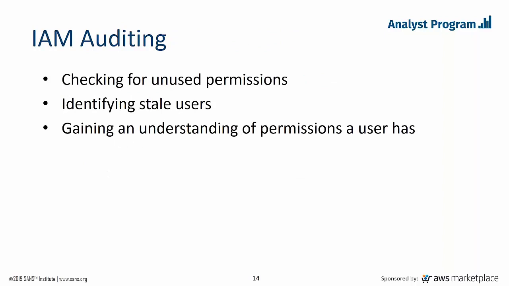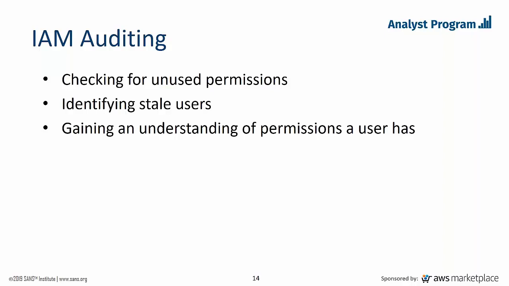IAM auditing is one of those big points when we move to the cloud that is something that we should plan to do well, because this is how we are going to be gaining access and authorization to our environments. Now, CASBs can check for unused permissions, or maybe even stale users as well.